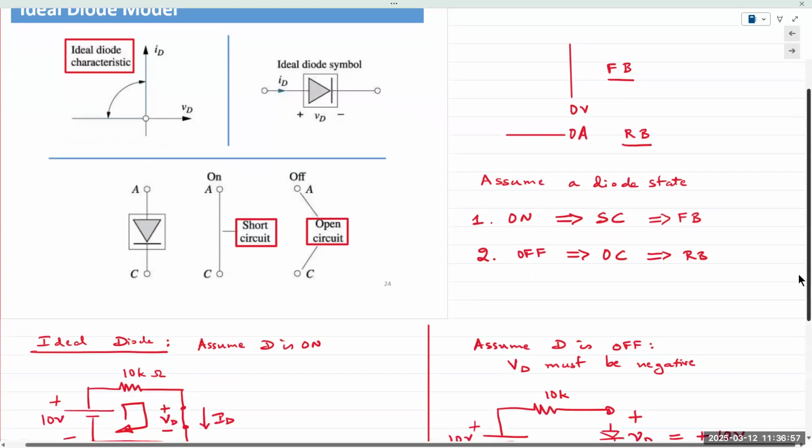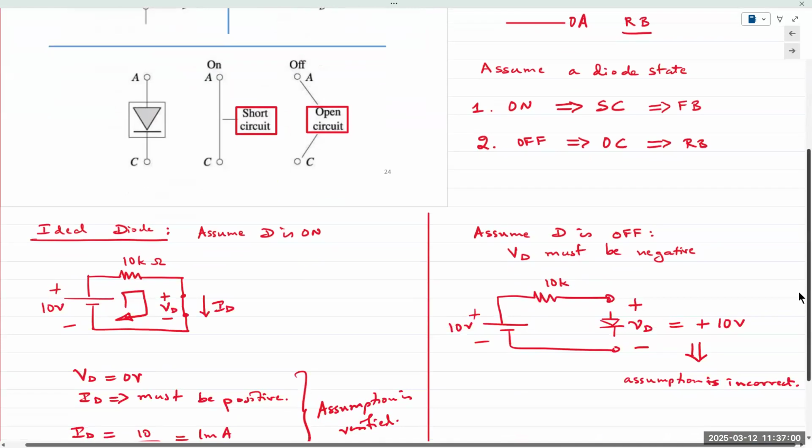All right, so for ideal diode analysis, we first assume a diode state based on the circuit conditions and the rules. If the anode has a higher potential than the cathode, then the diode is forward bias, it's on, replaced with a short circuit. If the anode has a lower potential than the cathode, then the diode is reverse bias, meaning it's off, replace it with an open circuit. So what happens if both anode and cathode are at the same potential?